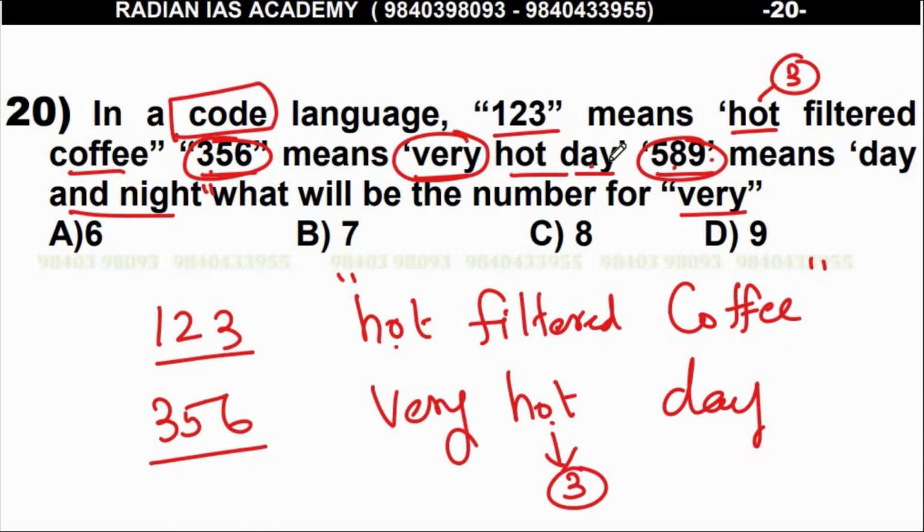So day must be 5. When day is 5 and hot is 3, very should be 6. Understood? This is one of the critical reasoning questions they ask in competitive examinations.